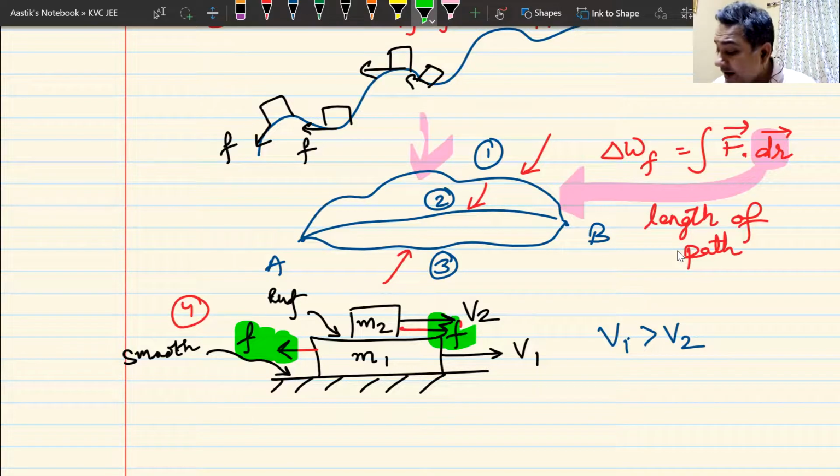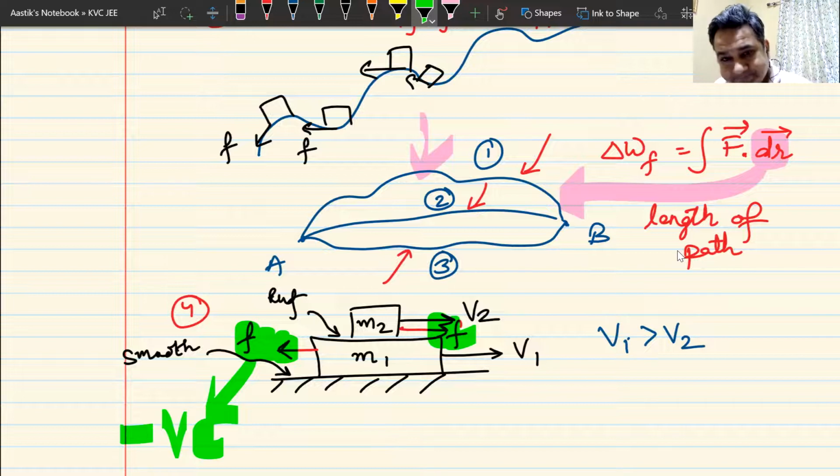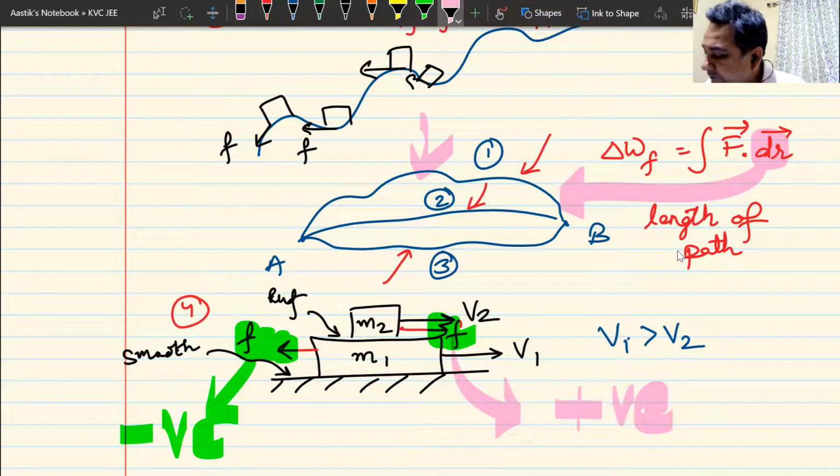Now if I find the work done, this friction is backwards, but the block is moving forward, so work done by this friction will be negative, but the work done by this friction would be positive.